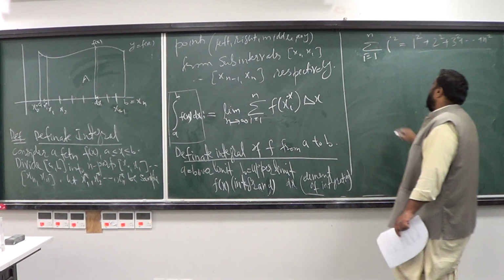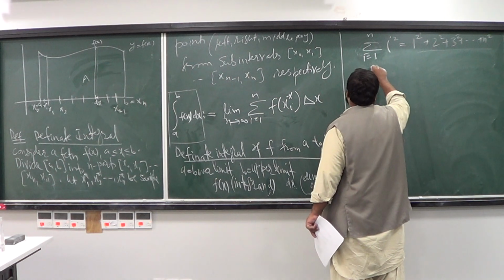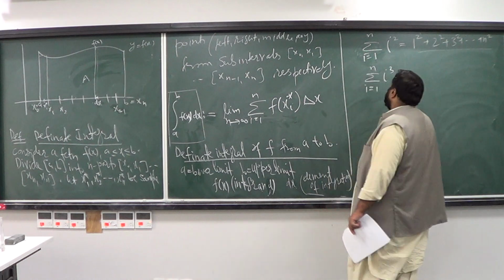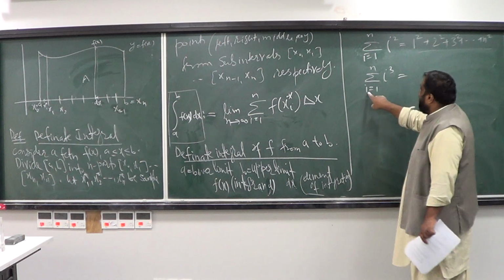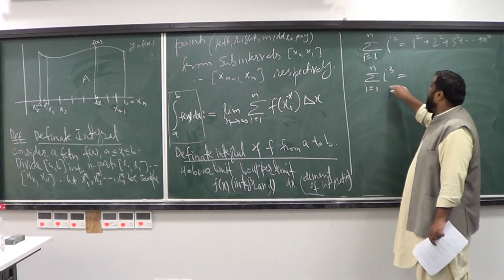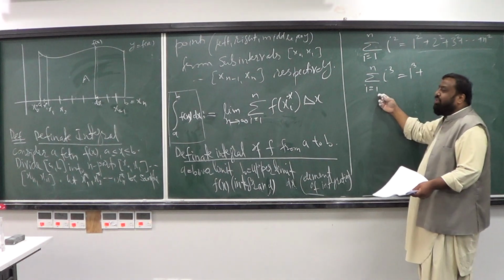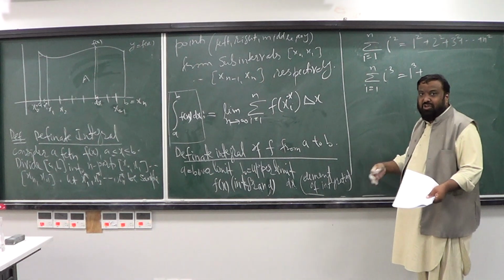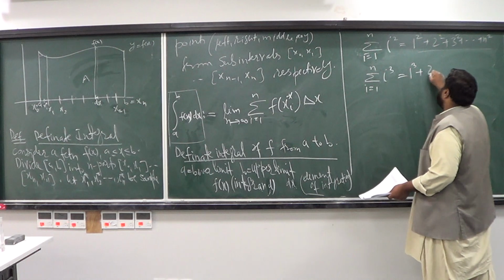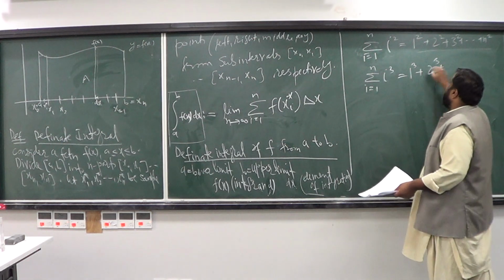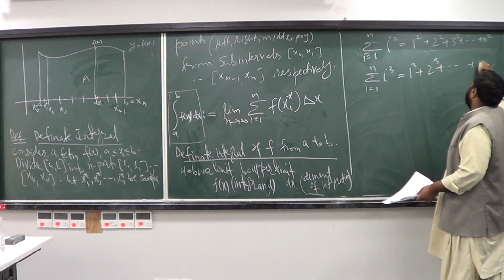If I say you take the sum from i equal to 1 to n, and I have the formula i cube, what does that mean? Take i equal to 1, substitute into the formula, so it's 1 cube. I hope in your pre-calculus course you have dealt with sums; if not, please let me know. Then 2 cube, then 3 cube, and so on, up to n cube.